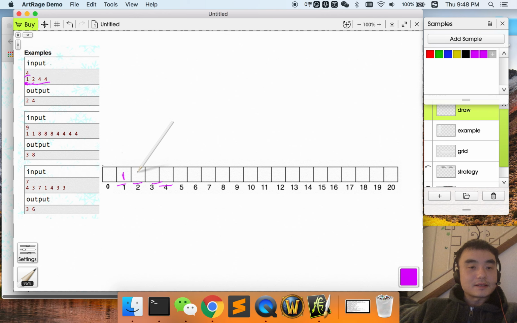So after the moving, we ask what's the minimum number of houses we can occupy, and the second number in the output is the maximum number of houses we can occupy. So for this specific problem, the minimal number of houses we can occupy is 2, right?